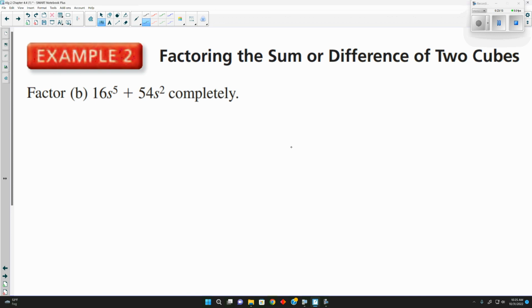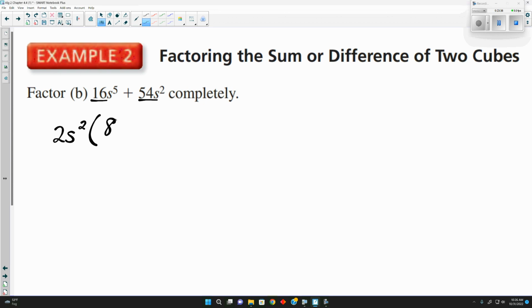So is there a greatest common factor between these two terms? 2s squared. Because they do have two s's, both of them, so we can pull out an s squared, and we can pull out a 2. And this will help us, because 16 divided by 2 is 8.